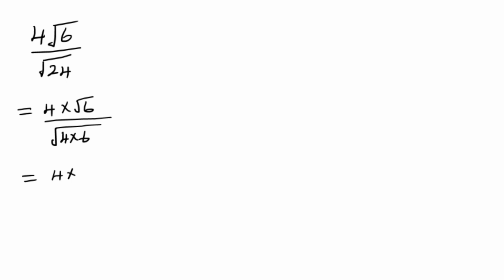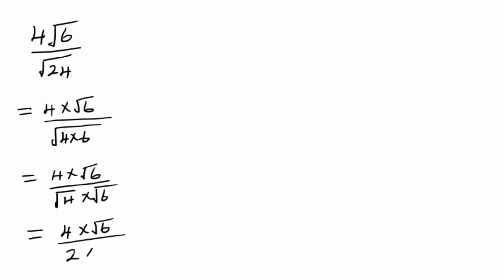This will be 4 times the square root of 6 divided by the square root of 4 times the square root of 6. Okay, so let's simplify it first. So we have here 4 times the square root of 6, and the square root of 4 is 2, and this will be times the square root of 6. 6 is not a perfect square, so we leave it that way.